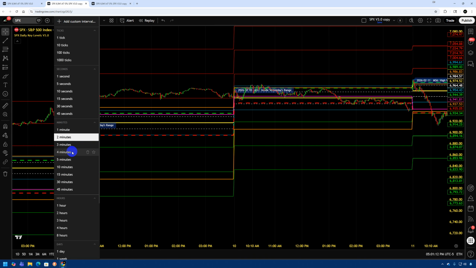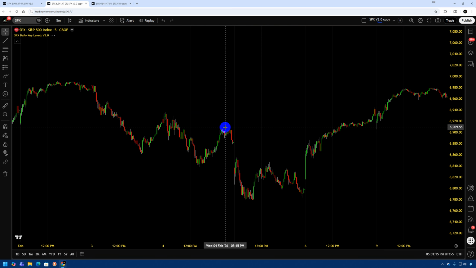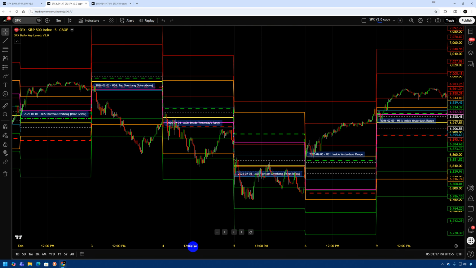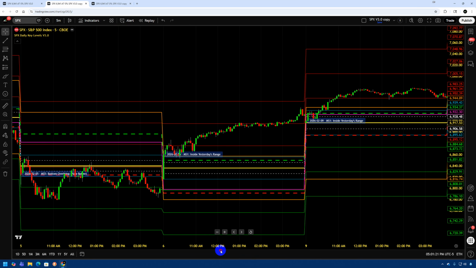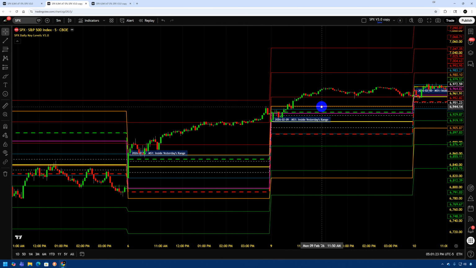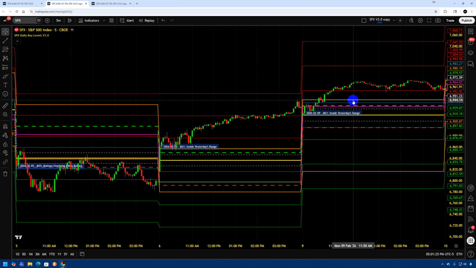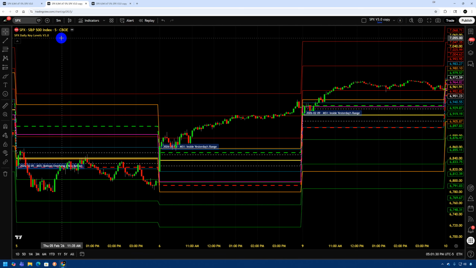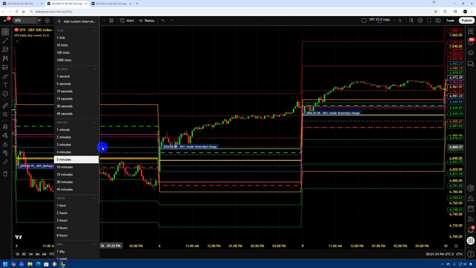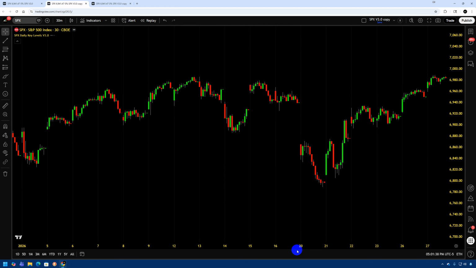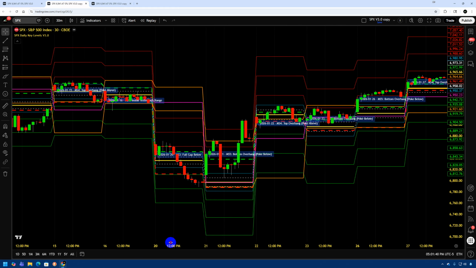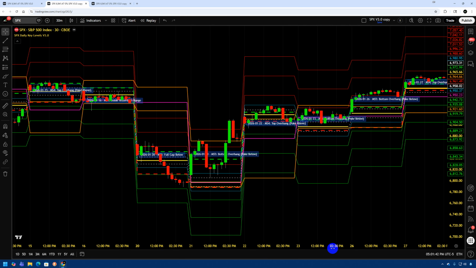So again, that 2-minute chart, 5-minute chart, you probably see about 3. So as an example, 3 days here. So like I said, remember the max on this indicator is 30 minutes. That's going to be the max time frame you can look at on this indicator, whether it's historical or regular.